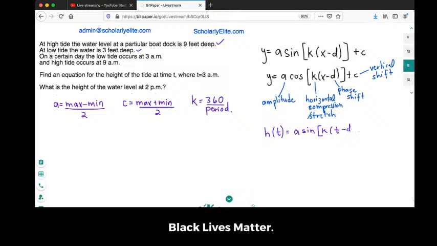Again, we are not sure whether we're going to make this a cos or a sine function yet. We will determine that, TBD. But for now, I'm just going to write sine. That was mainly to illustrate that, instead of f of x, we write h of t, because height is a function of time, and time is our independent variable. Now, let's plug some stuff in.